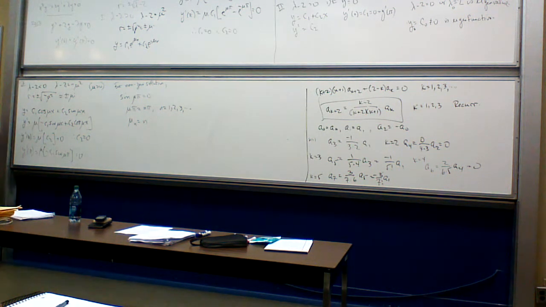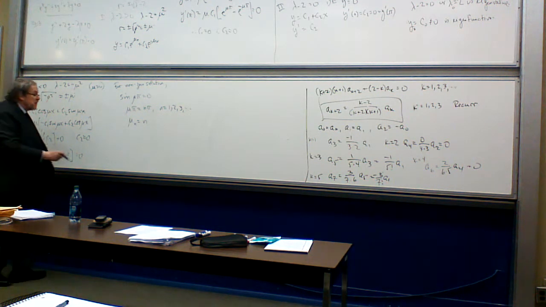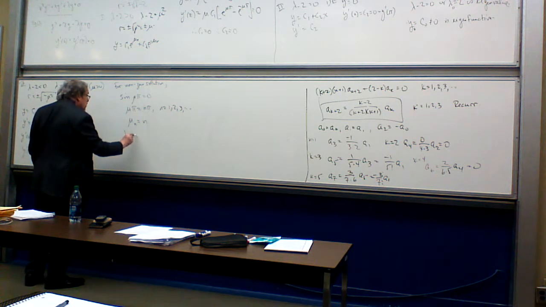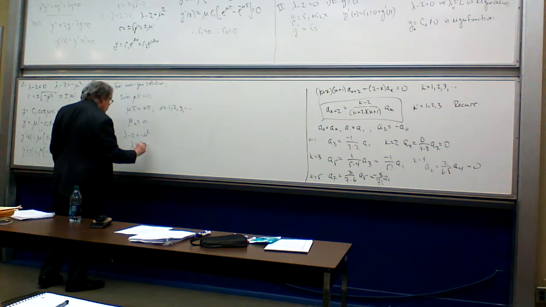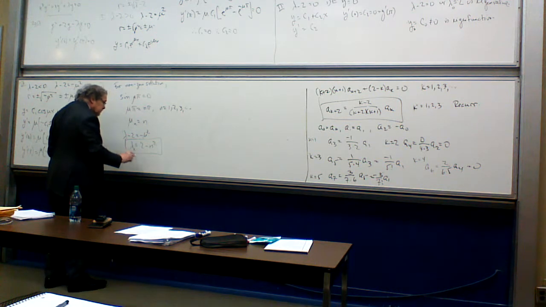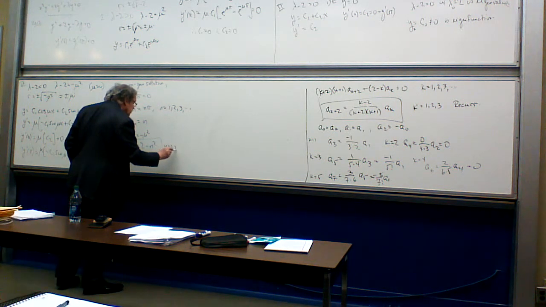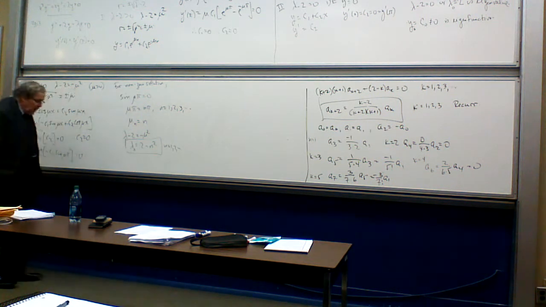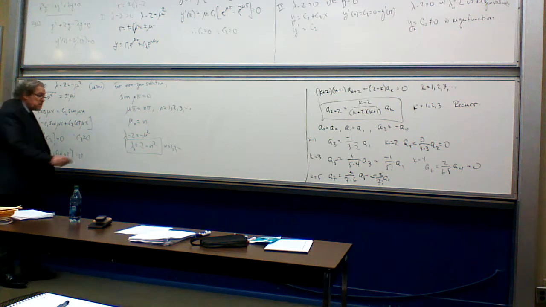Lambda, and remember, lambda is what the whole thing is about. Lambda minus 2 is negative mu squared. So lambda n is 2 minus mu sub n squared. More eigenvalues.